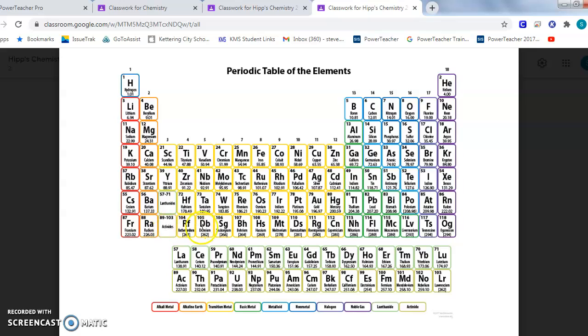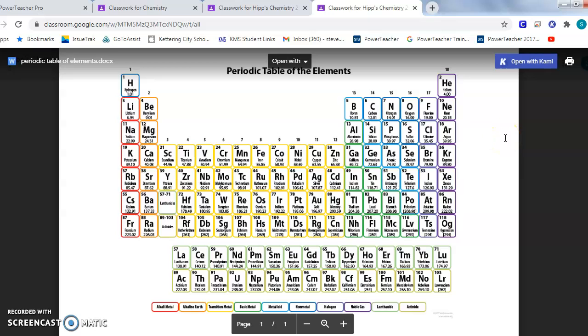At 103, we pop back up. So they've just broken this part of the table out and placed it down here. The reason they did that is the periodic table would be a really long paper if all of this was jammed where it was supposed to be. So once again, we counted 1 to 7. There are 7 horizontal rows, which we call periods on the periodic table.